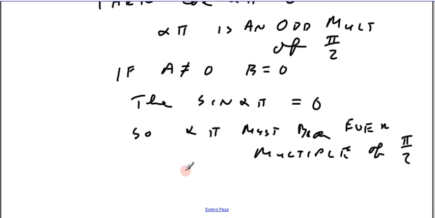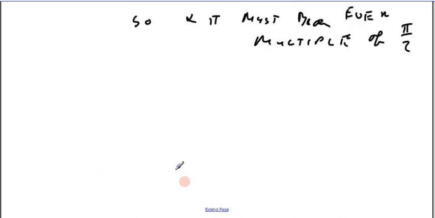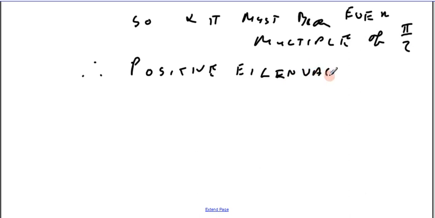So for the positive, therefore, the positive eigenvalues are n squared over 4.